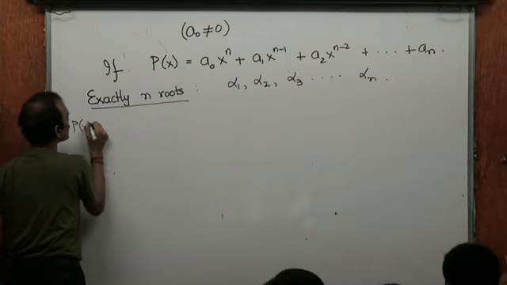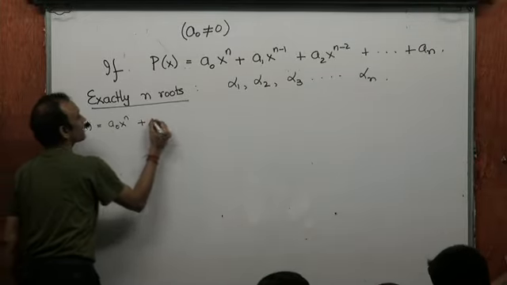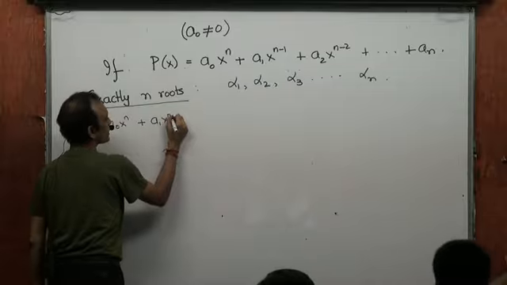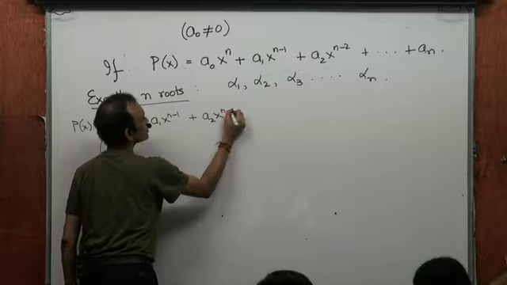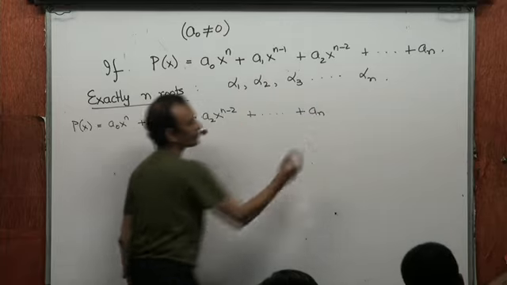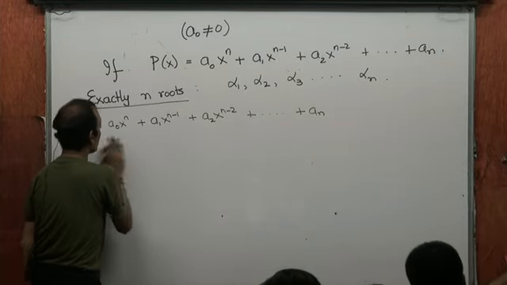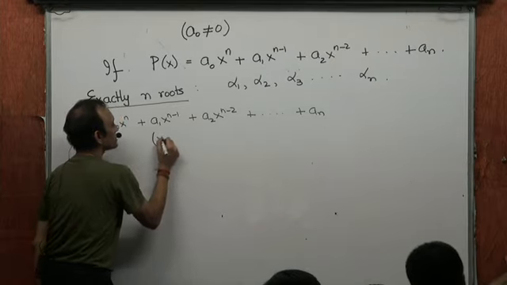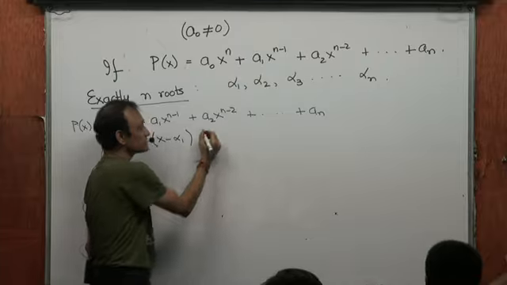P(x), which is a naught x power n plus a1 x power n minus 1 plus a2 x power n minus 2 plus an, can be factorized as, will have factors like x minus alpha 1, must be a factor of this.